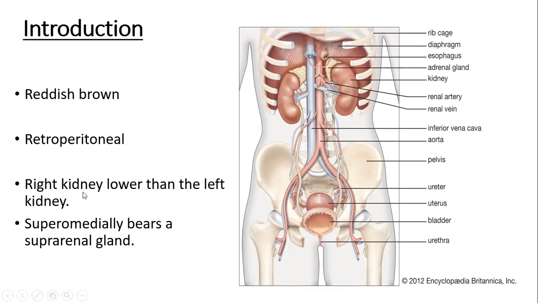The right kidney, because of the presence of the right big lobe of the liver, lies a little bit lower than the left kidney. And both the kidneys, on their supramedial aspects, are in contact with the suprarenal glands.